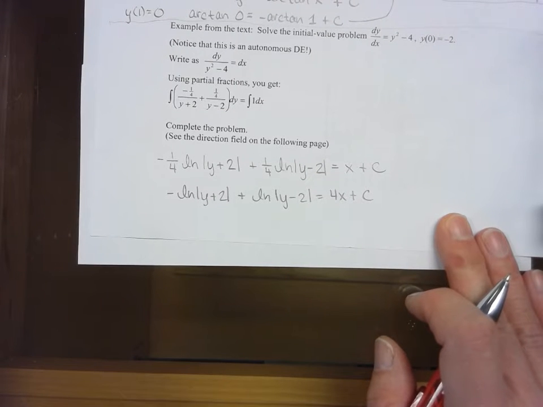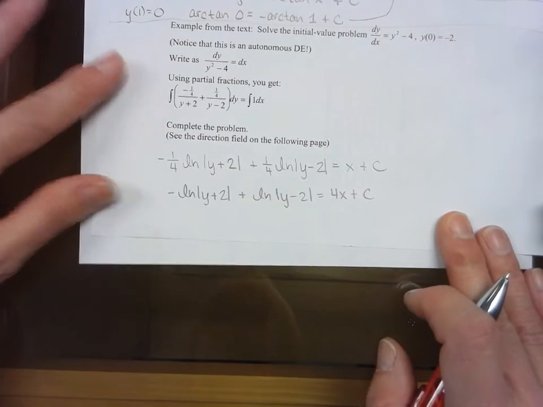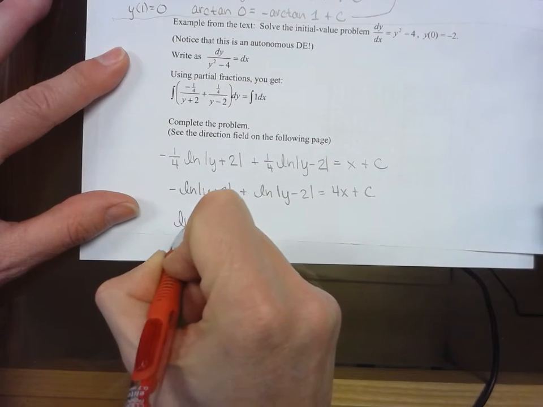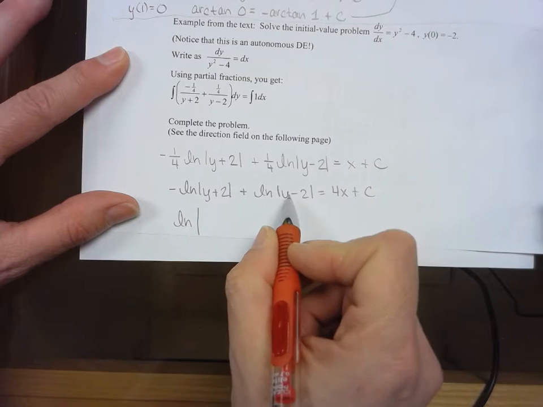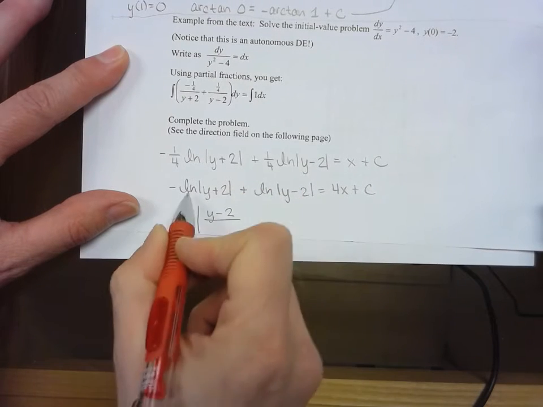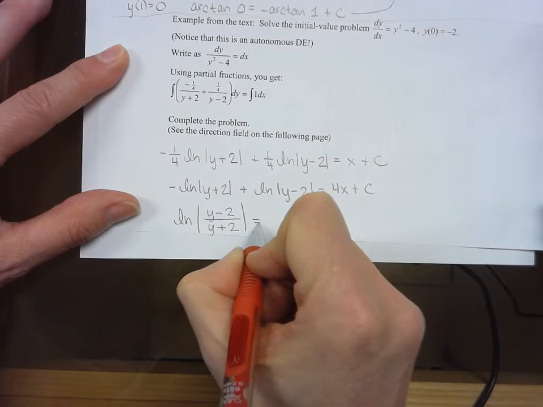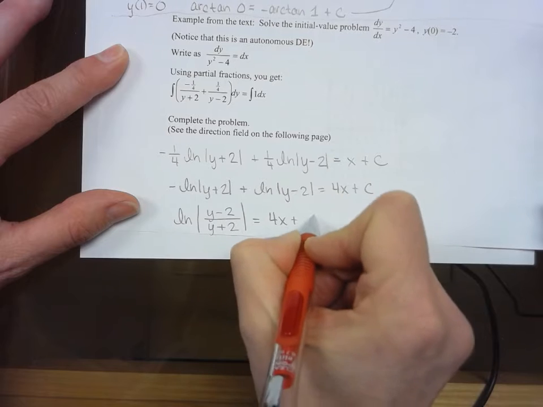And then we can use properties of logarithms. ln a minus ln b is ln of a over b. So I'm going to use that property right here. And so we'd get the natural log, the positive one is y minus 2 over the negative one is y plus 2 equals 4x plus c.